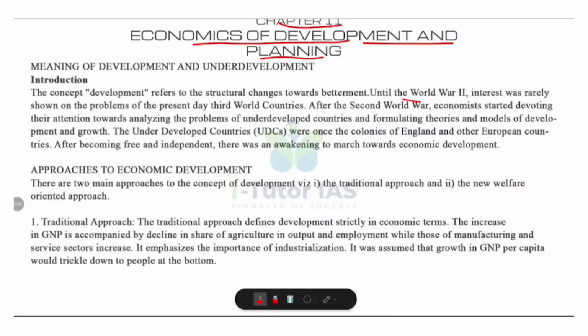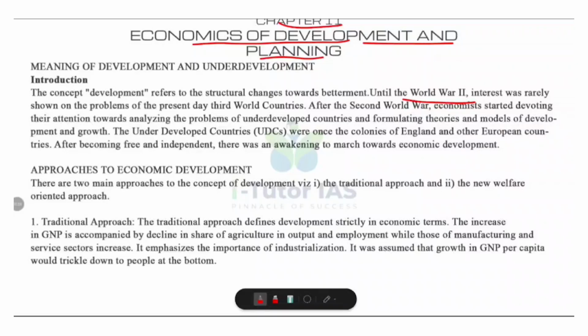Before the Second World War, there was not much concern about the economic conditions of the regions we now call the Third World countries. Most of these regions were colonies under European powers, mainly Britain and other European nations. However, after World War II, a major shift happened.